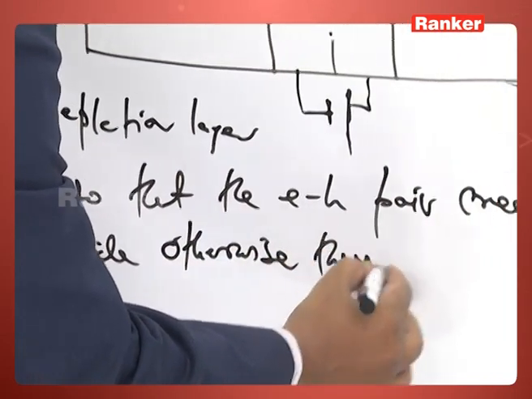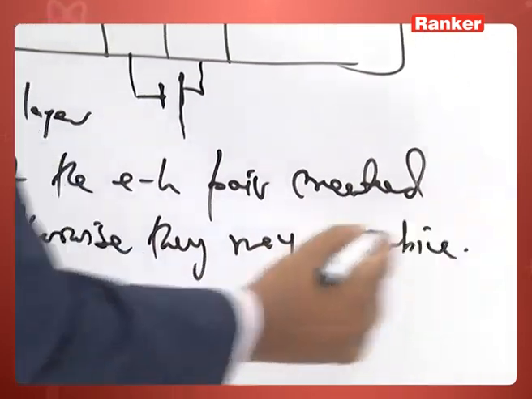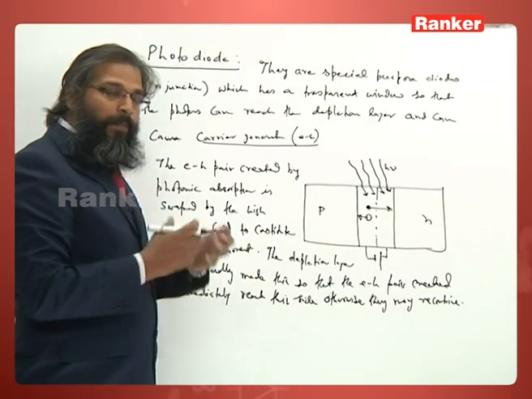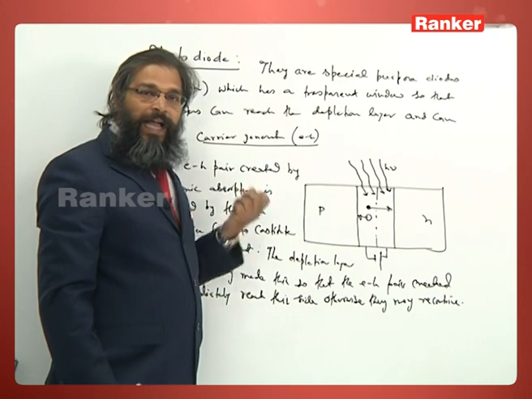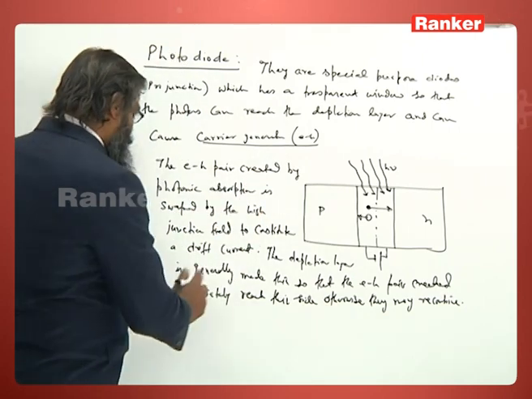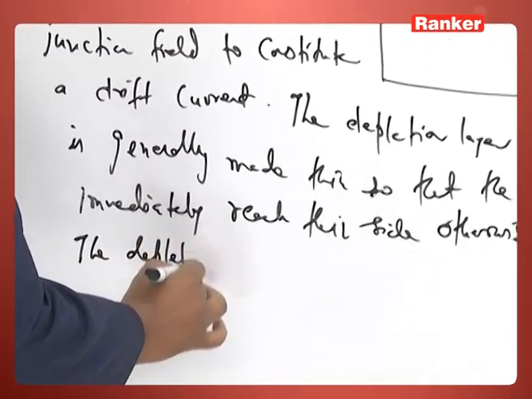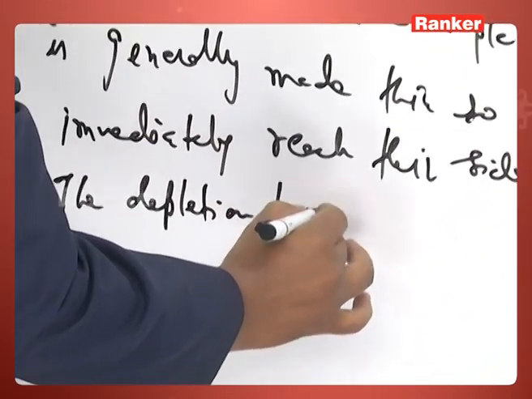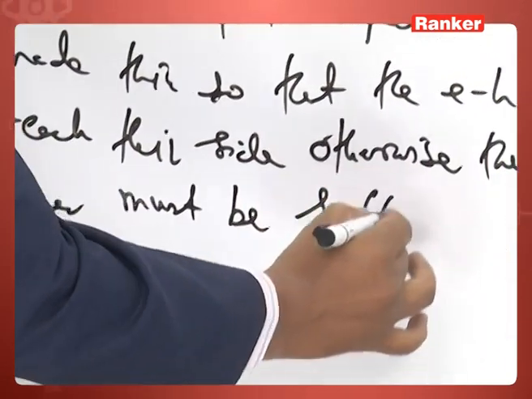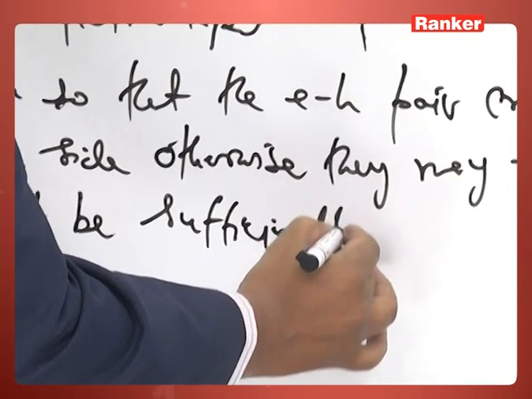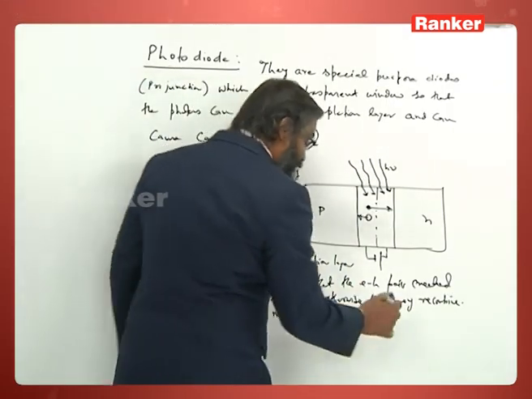Otherwise, they may recombine. So, before they recombine, they must reach their destination. So, depletion layer has to be made very thin. Now, the depletion layer must be sufficiently thin and thick also.